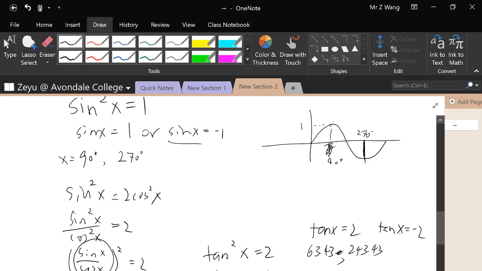Whereas for negative root 2, it's negative 63.43, you plus 180, you end up with 116.57, plus another 180, you end up with 296.57. These are the four solutions. Okay, all I'm using is the knowledge of period and the principal solutions, right?